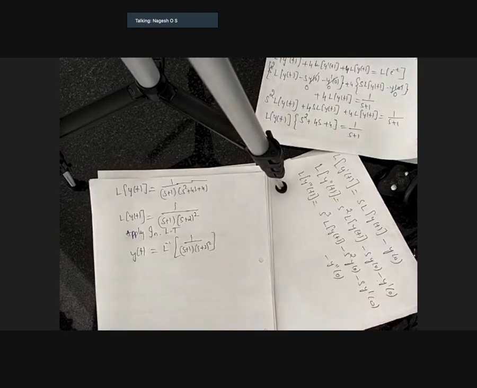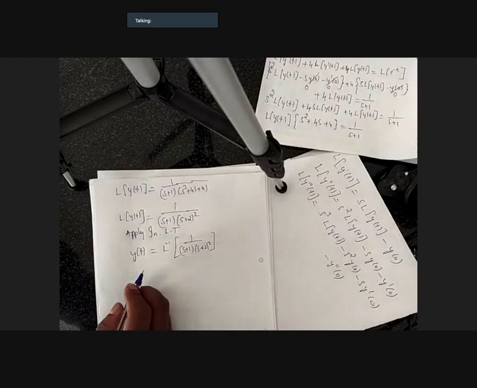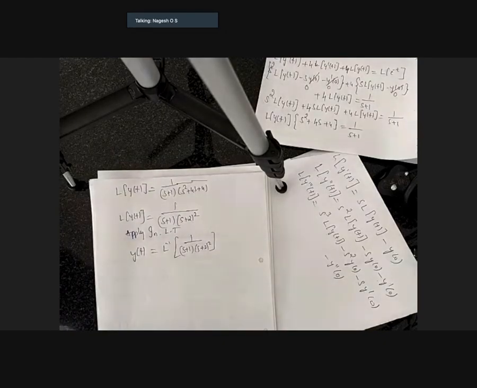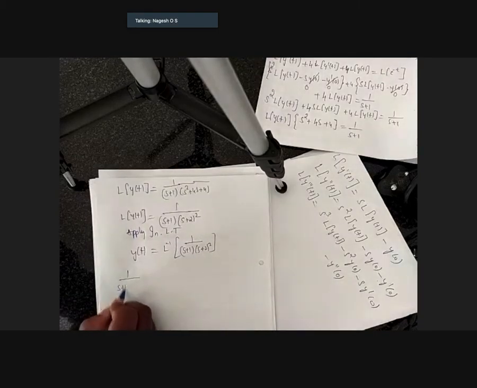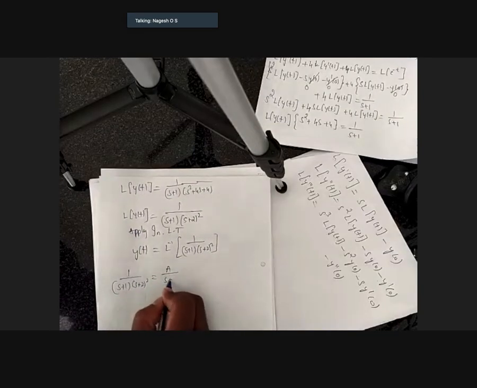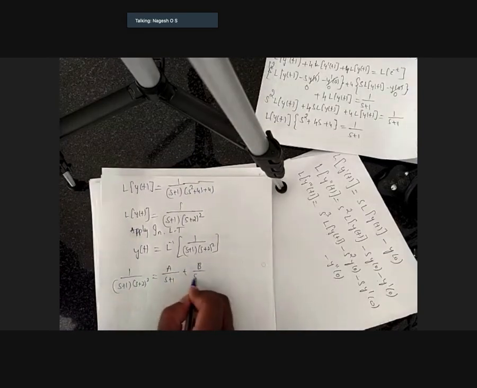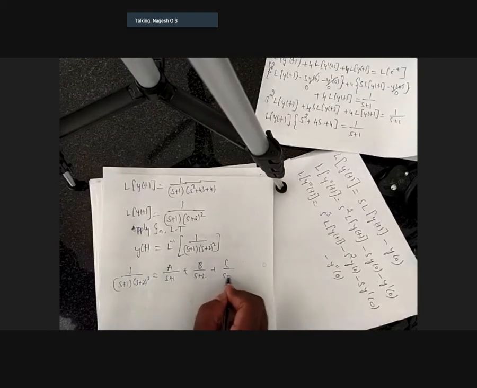We can also find it by convolution, using the convolution theorem. If you apply partial fractions, 1 by (s plus 1)(s plus 2) whole square equals a by s plus 1 plus b by s plus 2 plus c by (s plus 2) whole square.